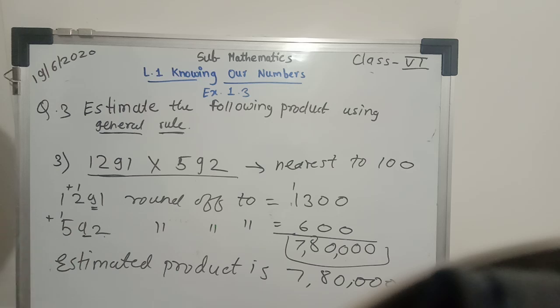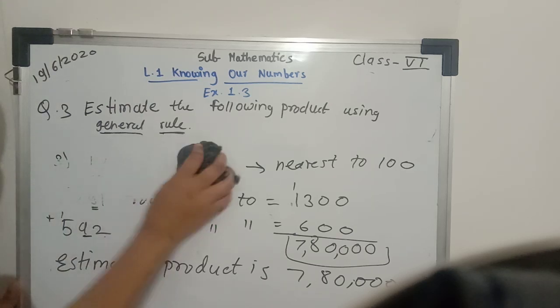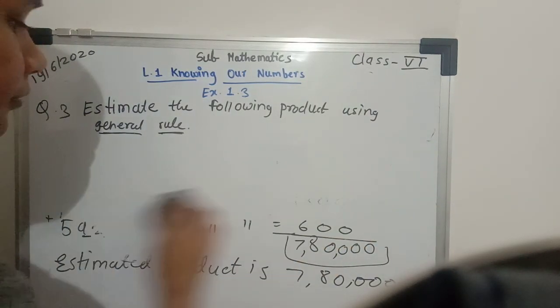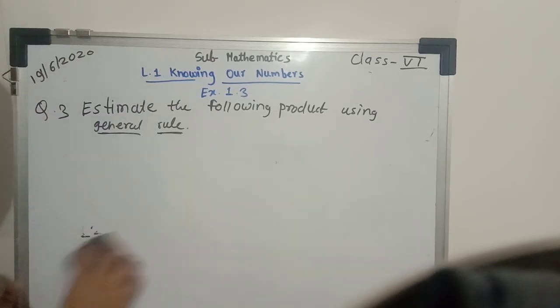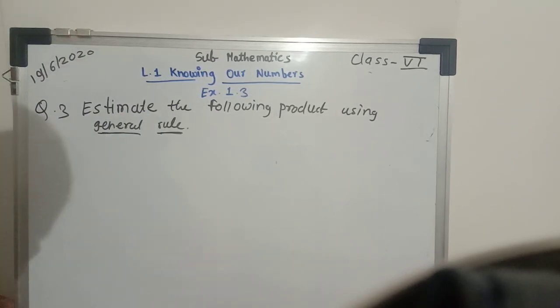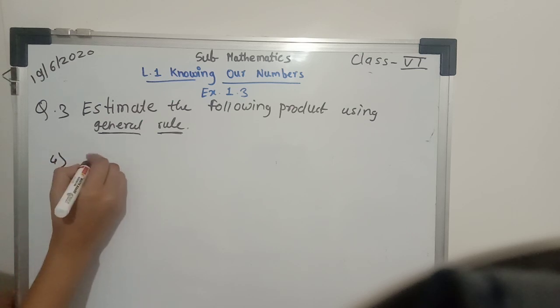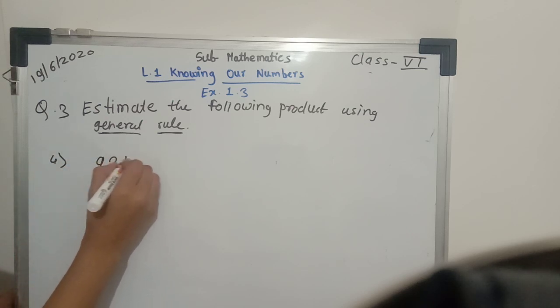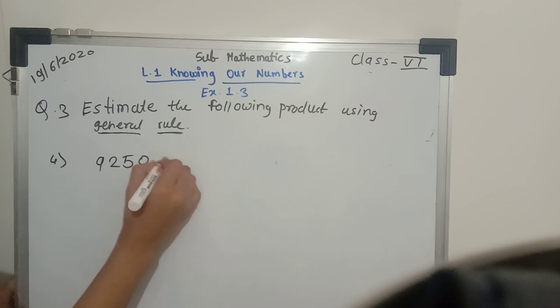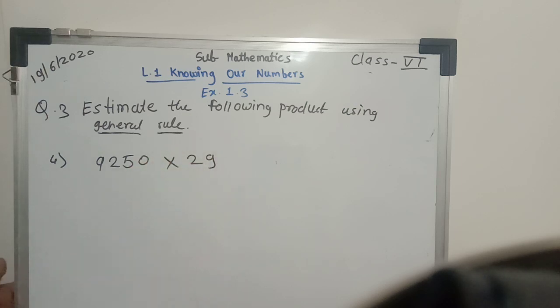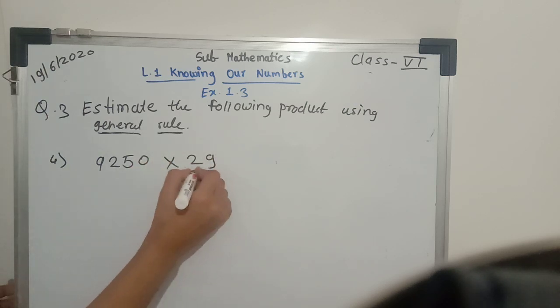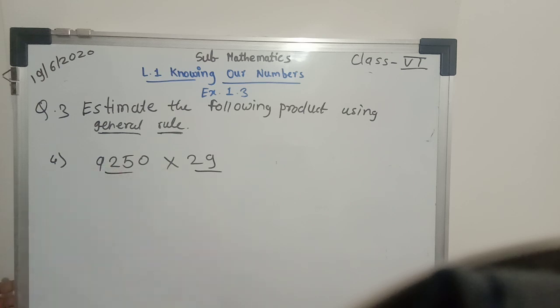the last example of this question, the D1. Here 9,250 and 29. Okay, now a 2-digit number is here and here a 4-digit number is there.